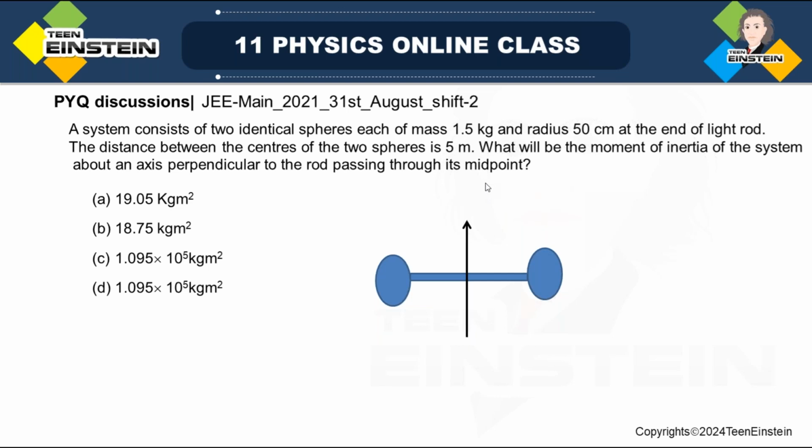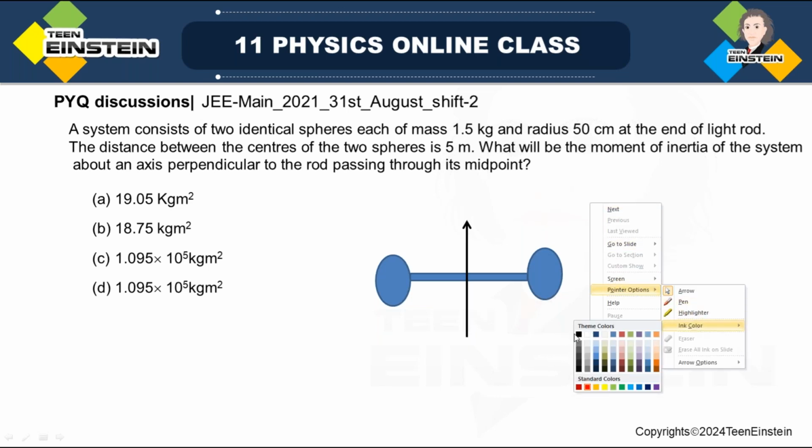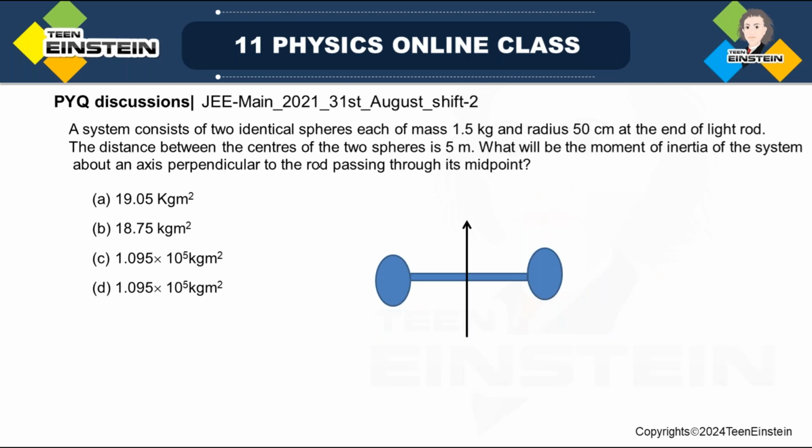We have been discussing the previous year's questions from the JEE Mains papers. So today we are going to discuss numerical problems from the JEE Main papers, 2021, 31st August, shift 2 paper.